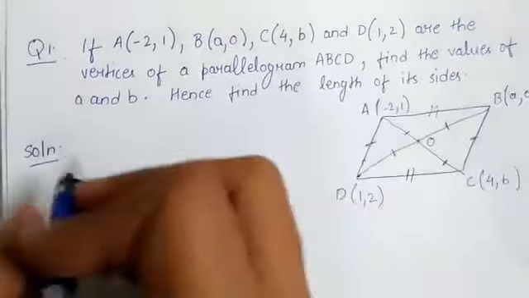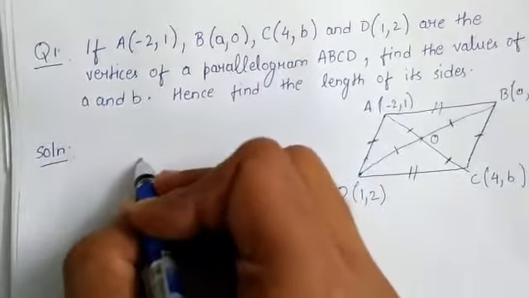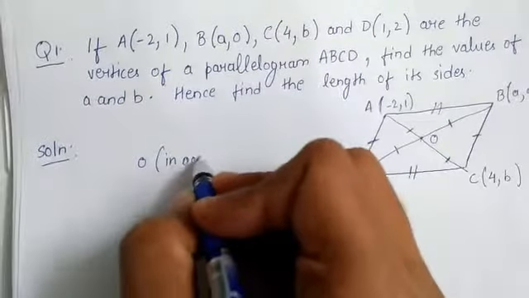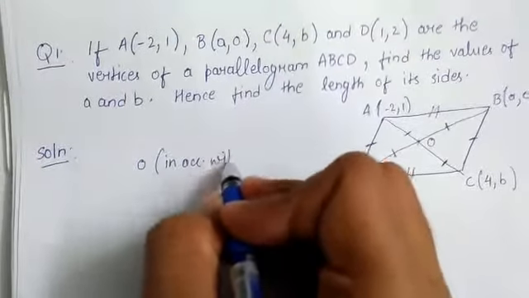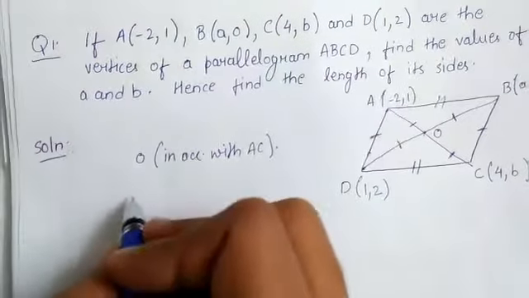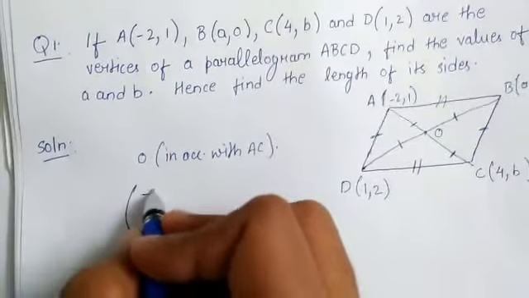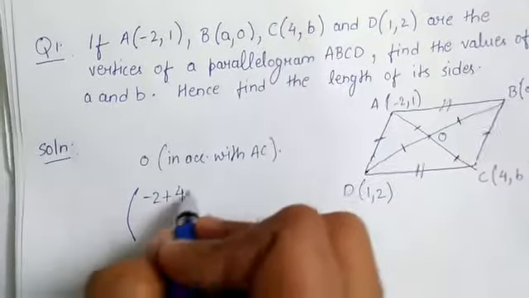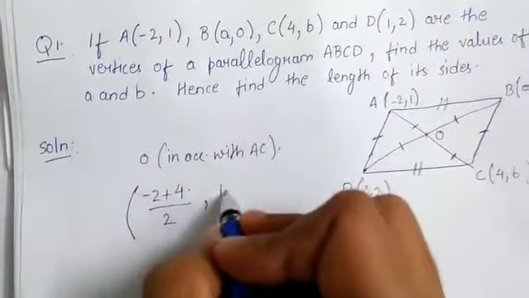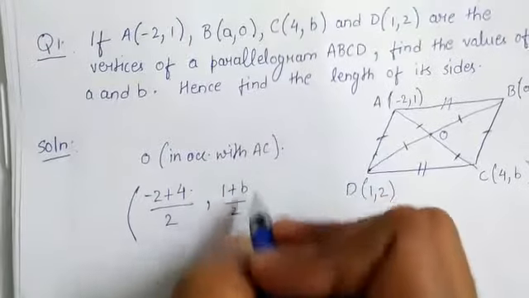So if O is the midpoint of AC, the coordinates of O in accordance with AC will be ((-2 + 4)/2, (1 + b)/2).